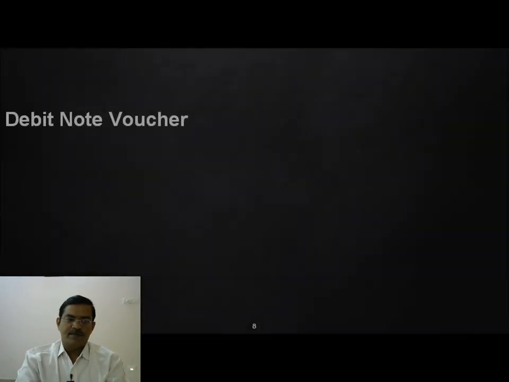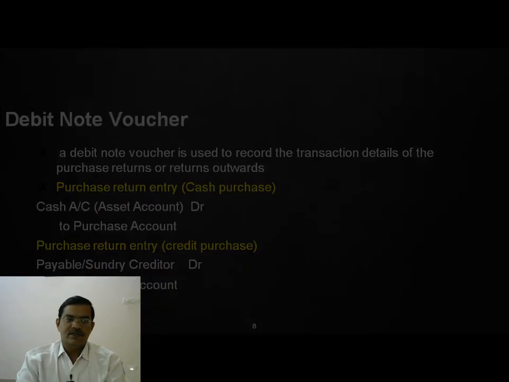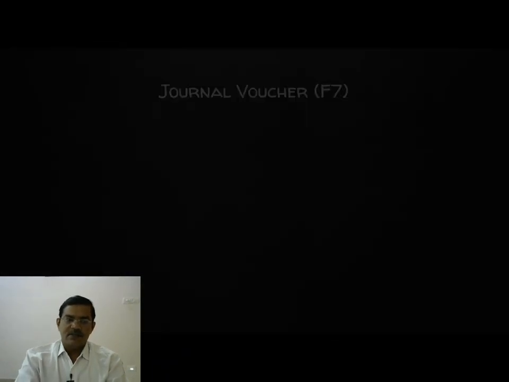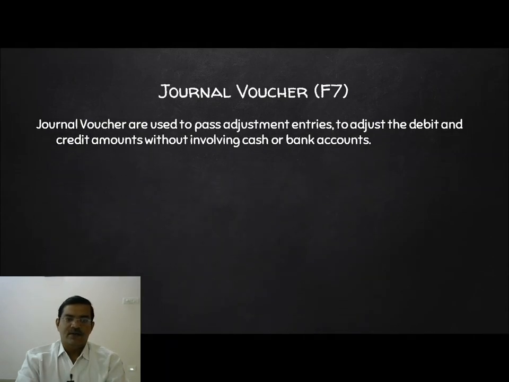The second voucher, the debit note voucher, is over. Now the general voucher. General vouchers are always used for passing adjustment entries.